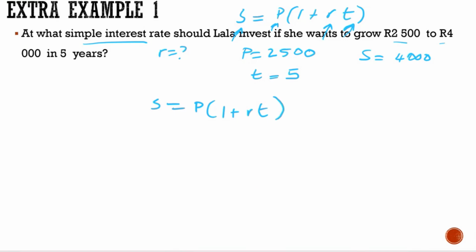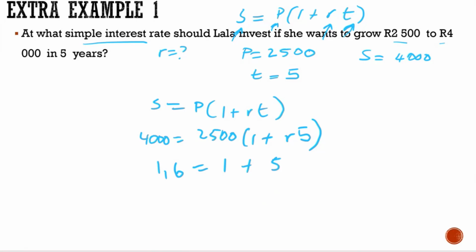So your S is 4,000. Your P is 2.5 into 1 plus your R, there is what you don't know. Your T there is 5. So you have that formula. You divide both sides by 2.5. So now we are going to have 1.6 is equal to 1 plus 5R.